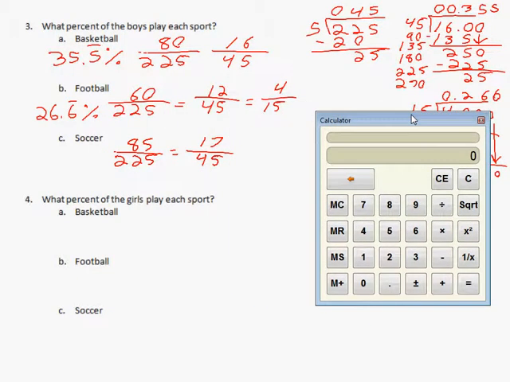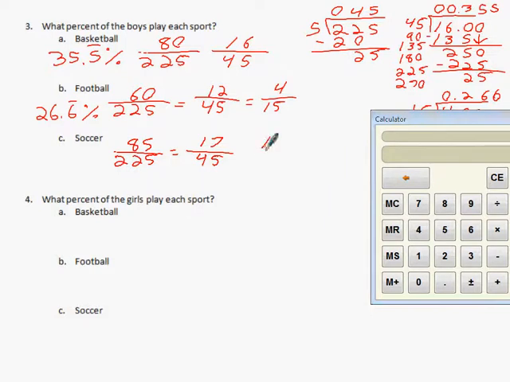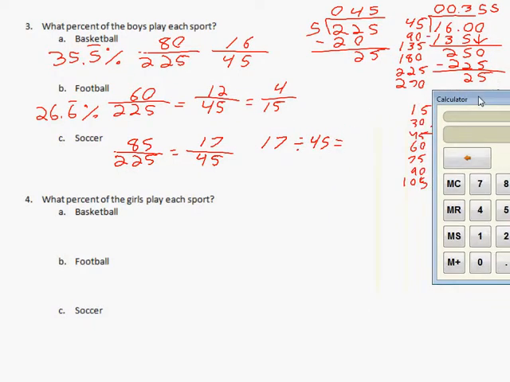So, 17 over 45, I do 17 divided by 45, and then we just write this out so you know what I'm typing into the calculator. Equals 0.377 repeating. So our percentage is 37.7 repeating percent.